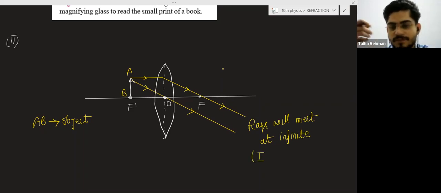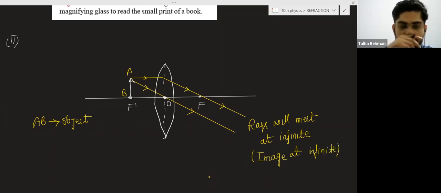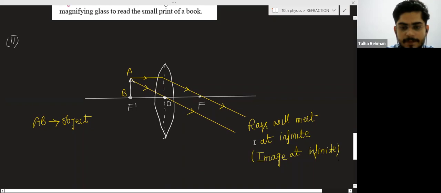Image is formed where the rays meet. Okay, so here the rays will meet at infinite, so the image will form at infinite. Image at infinite.